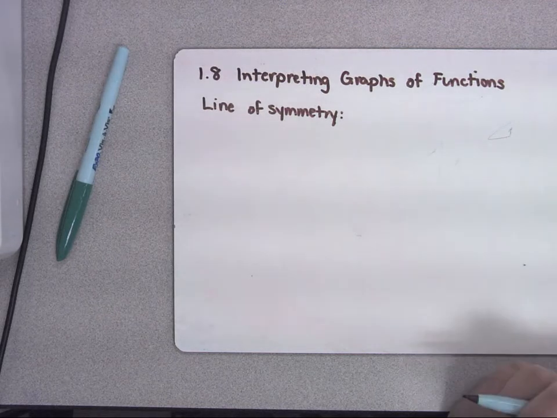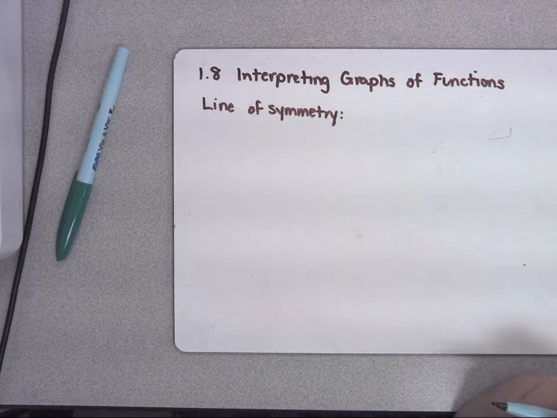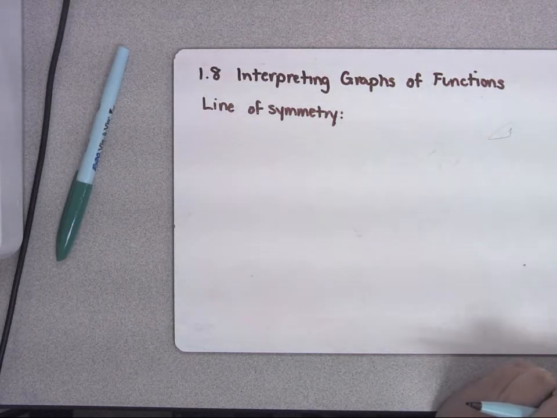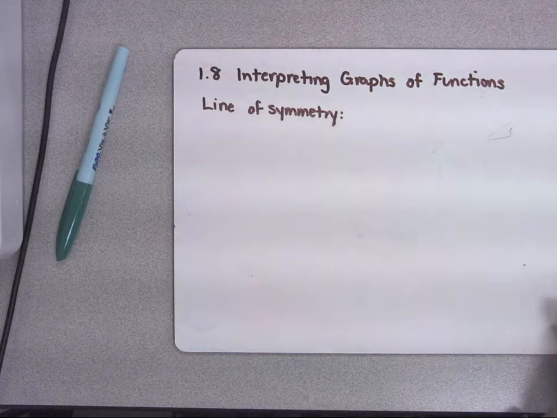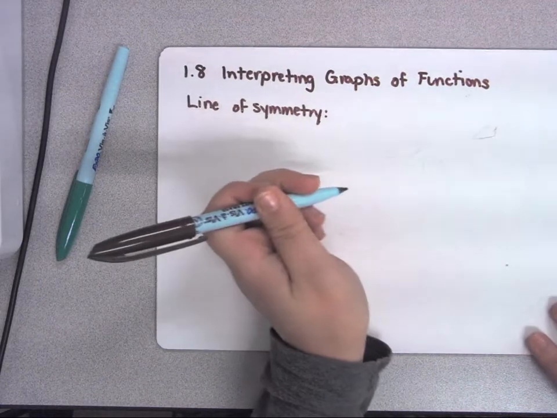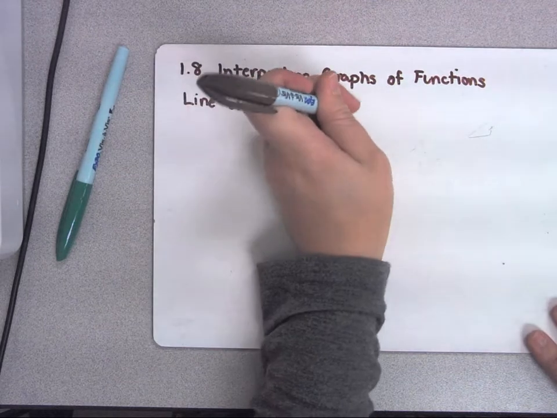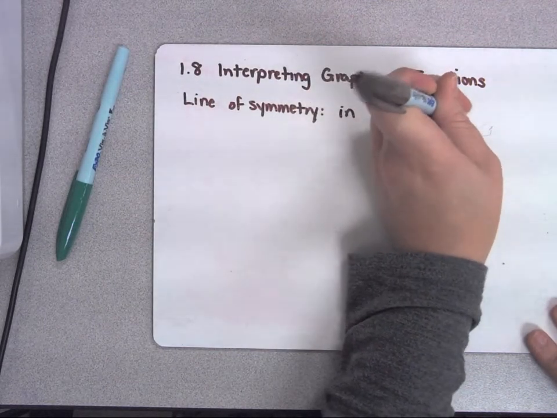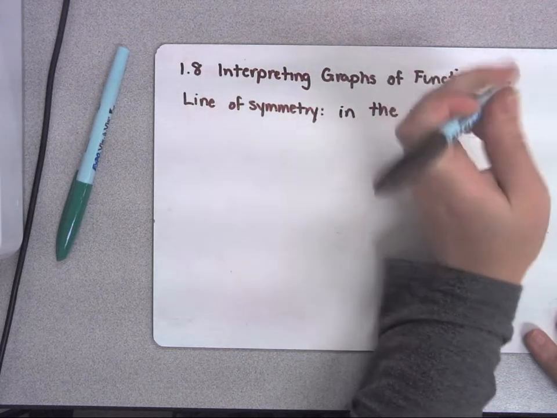So that means things are equal. We can cut it vertically. That's a big hint: it has to be cut vertically, graphs and humans. And it is equivalent or equal on both sides. So a graph has a line of symmetry, usually the y-axis, or a vertical line.